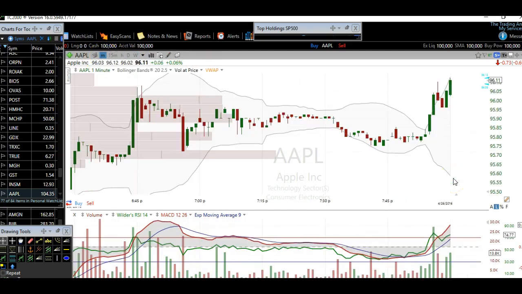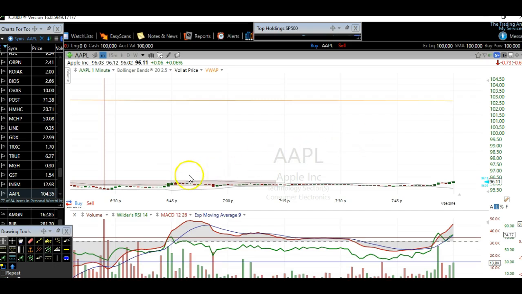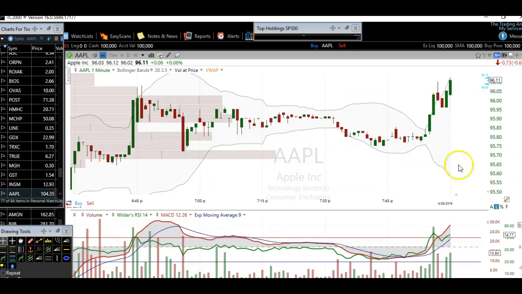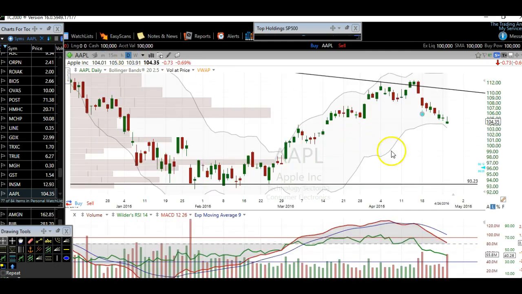Yeah, so right now Apple's right at about 96. This is the 1 minute chart, okay? Came down here and tested that about 95 level during the after hours trading. So I have had a short bias for Apple ever since it came up to this downtrend line.